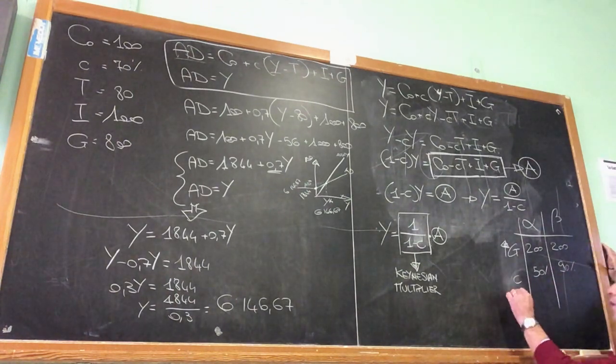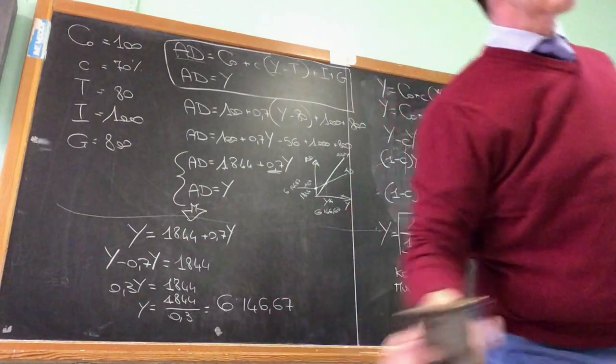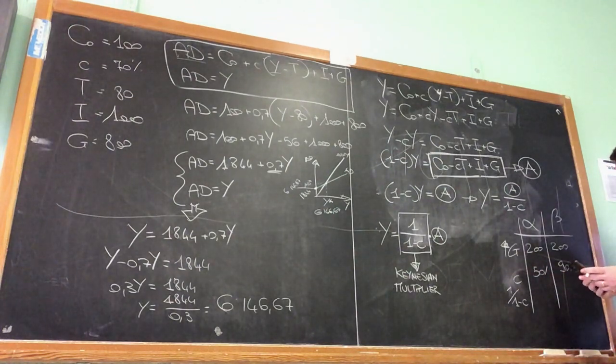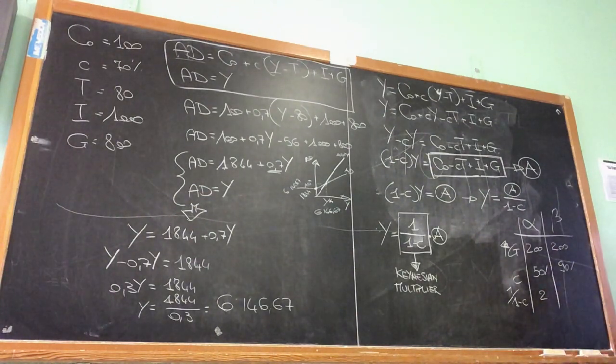Let's see the value of the Keynesian multiplier in those countries. In here we have 1 divided by 0.5, which is 2. Right? In here we have 1 divided by 0.1, correct? Which is 10.